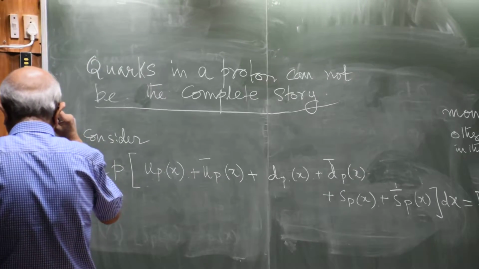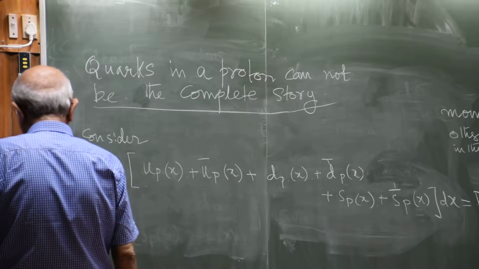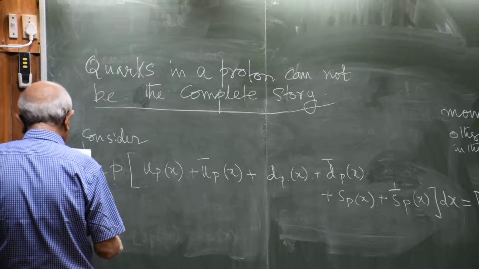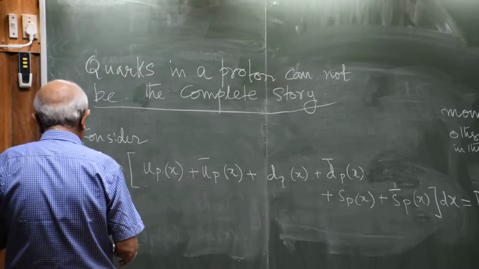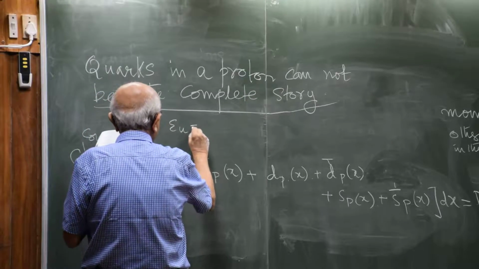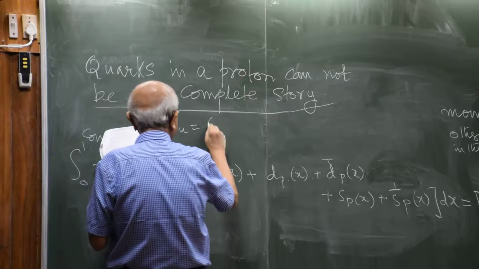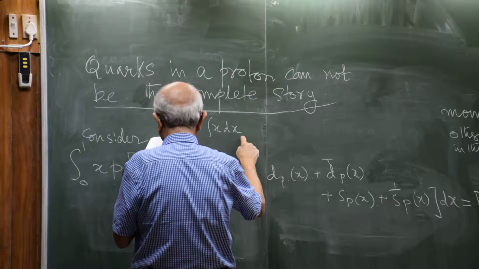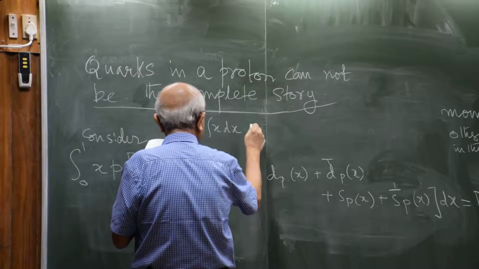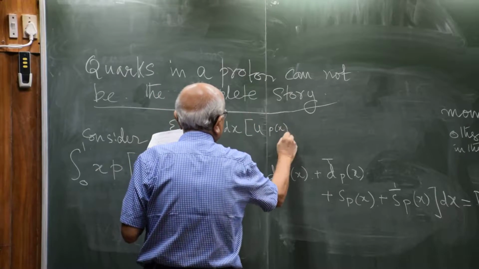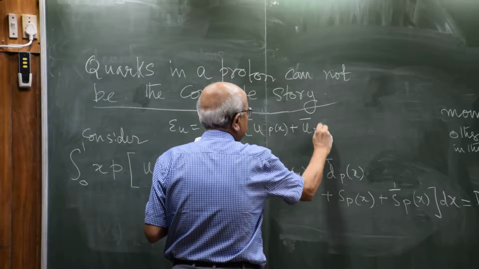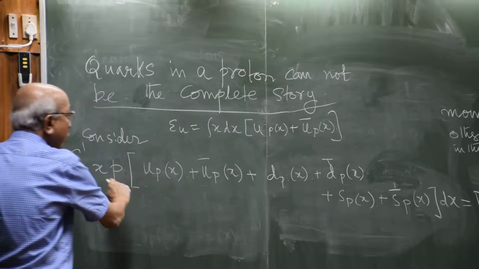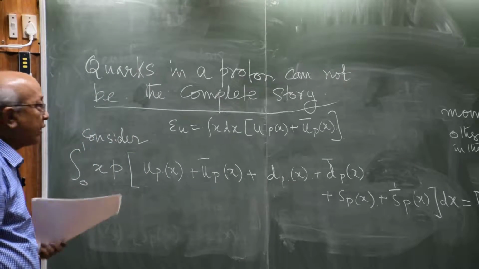But then let me define, just to shorten the writing, a quantity epsilon q, which is the integral of x dx times q plus q bar. That means the first term is epsilon u within the integral.